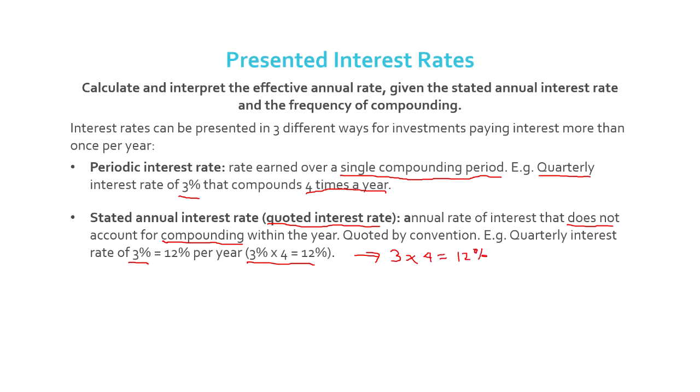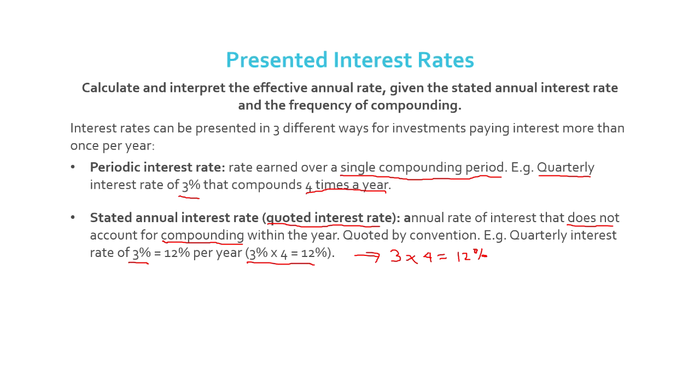So all we've done is taken our quarterly rate of 3% and multiplied it by the 4 quarters over the course of a year. This gives us our quoted interest rate, but it doesn't take into account our compounding over the quarters. We've just taken that raw rate and multiplied it by our periods.